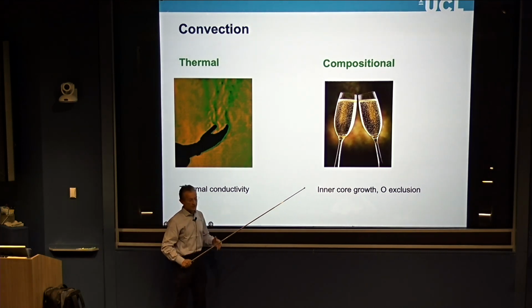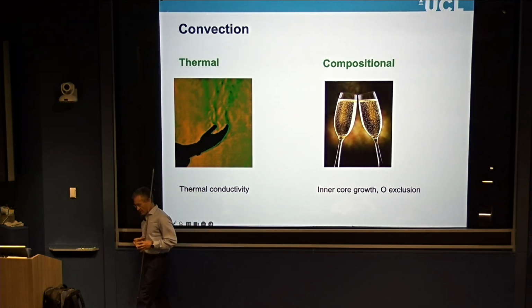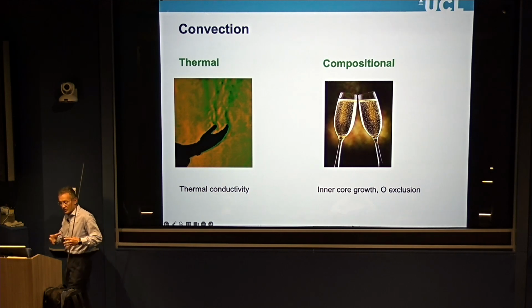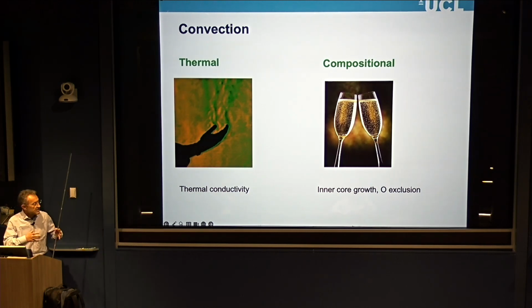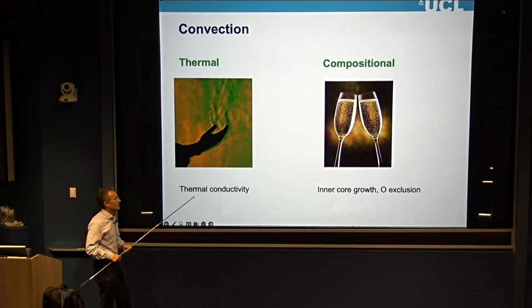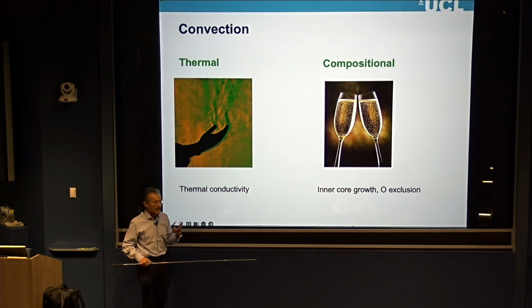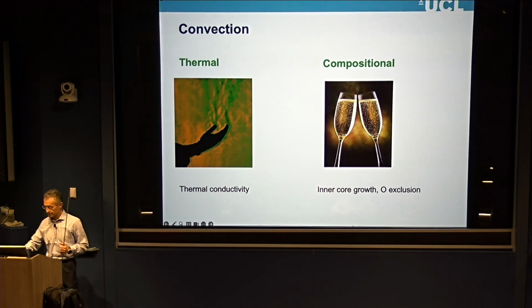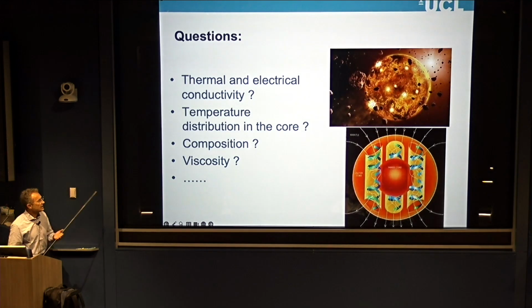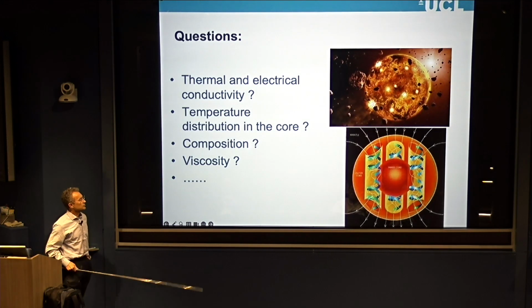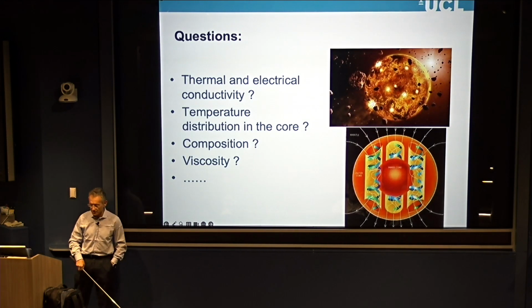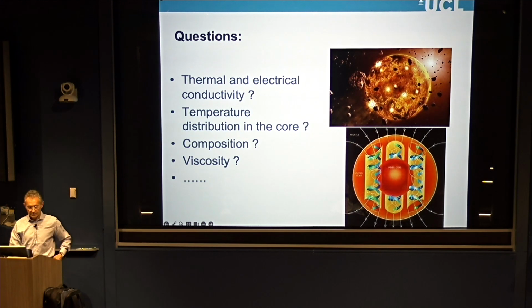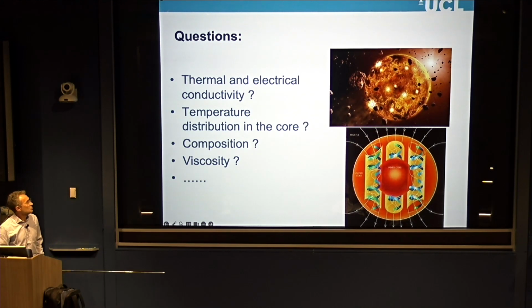And as the inner core grows, it grows mostly purely, and so it expels these light impurities, which can deliver gravitational energy to the convective process. So you see that there are a number of questions that we need to understand if we want to understand the Earth's core, and in particular how this convective mechanism works.